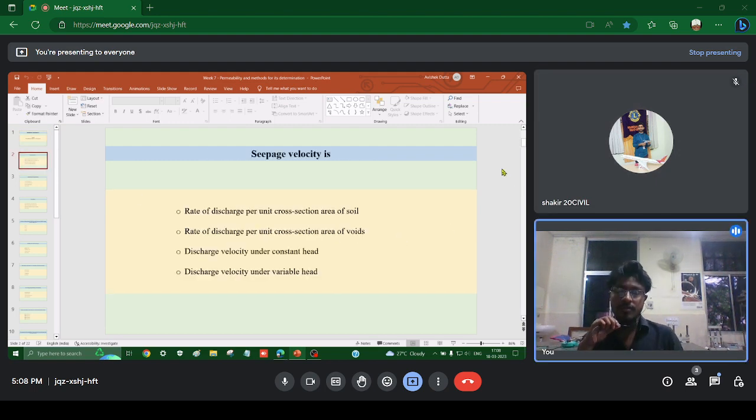The first question is: seepage velocity is, and the options are rate of discharge per unit cross section area of soil, rate of discharge per unit cross section area of voids, discharge velocity under constant head, discharge velocity under variable head.